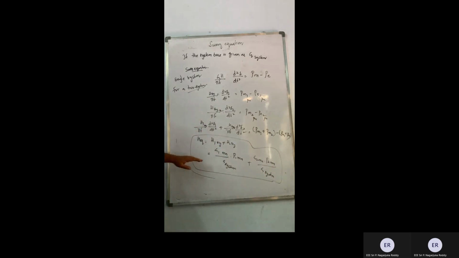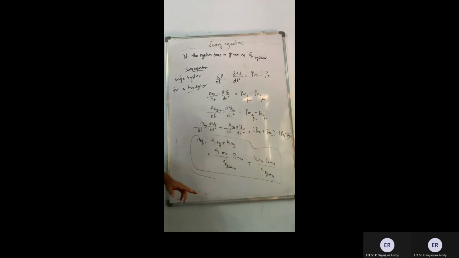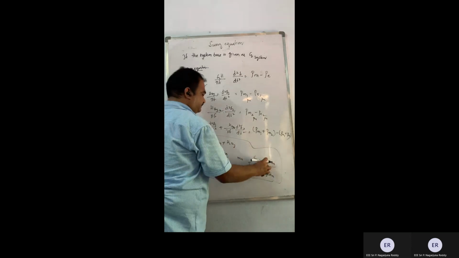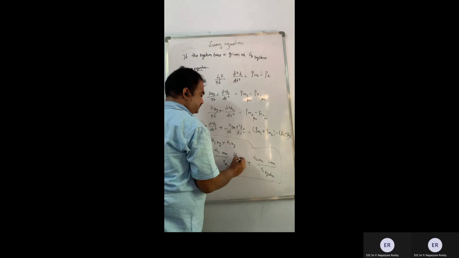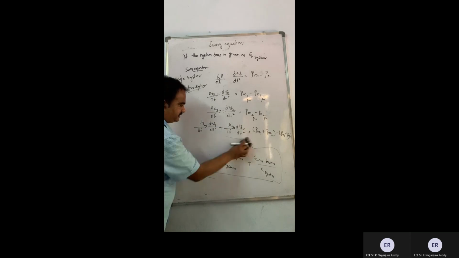If there are a number of machines, it is G1 H1 plus G2 H2 plus G3 H3 like this, by G system. This will give your H equivalent. This is your mechanical power equivalent, you can directly add them. This is electrical power equivalent, you can directly add. This is the case of a multi-machine system.